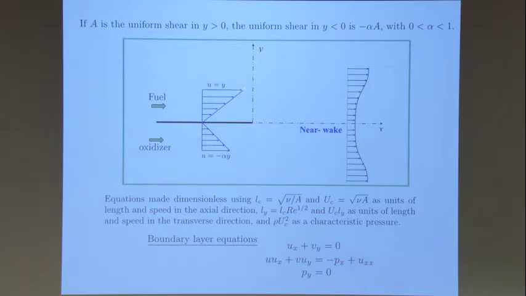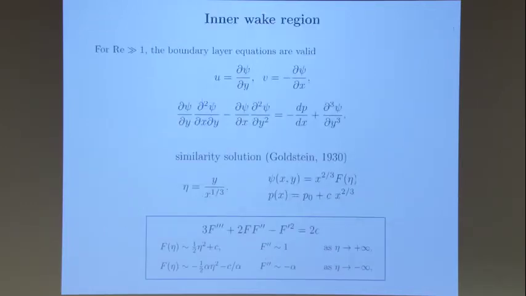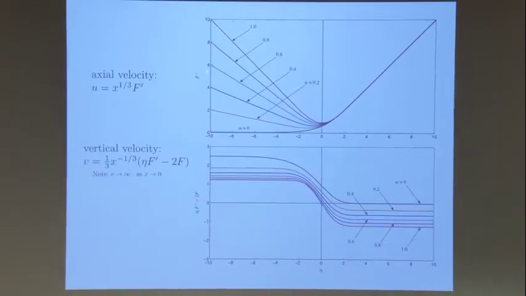If I scale with respect to the value A on top, this one will be alpha A. So alpha is how much it differs from the top one. Alpha equal to 1 means the same strain. Alpha equal to 0 means the fuel is coming, and the oxidizer stream is zero.